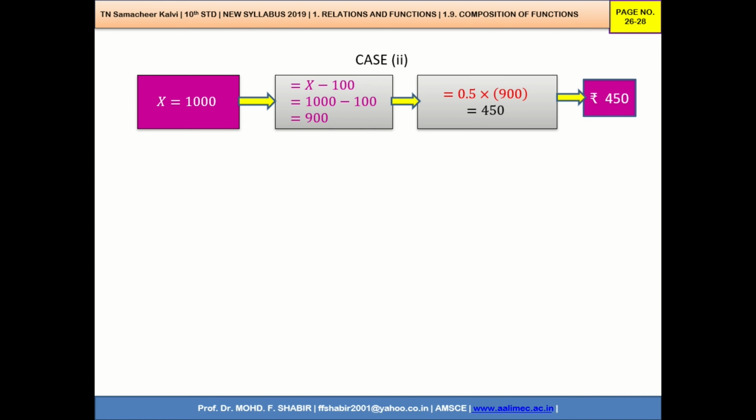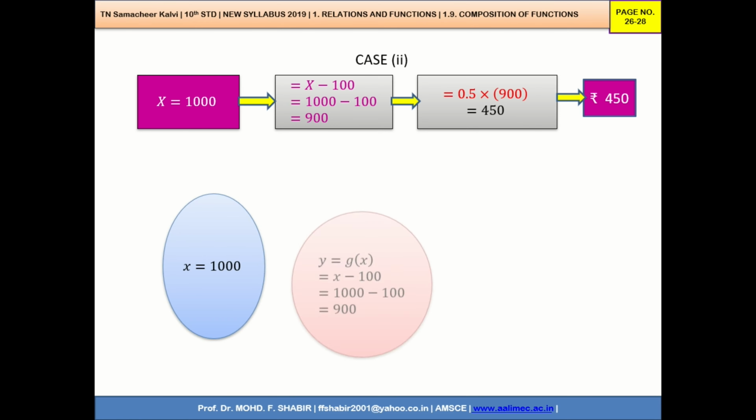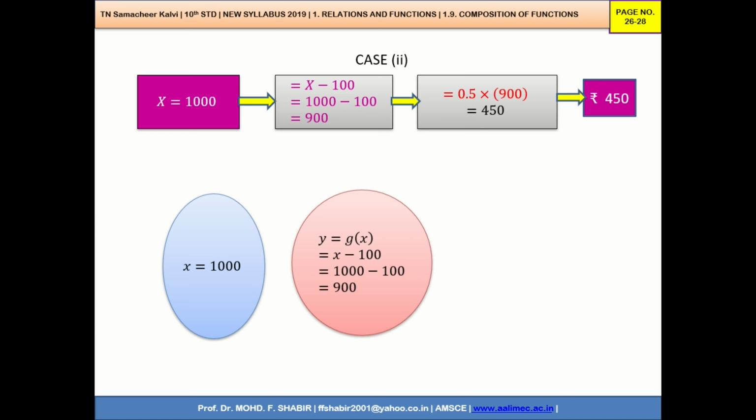Now we will see case 2, how to apply the function here. So again, investment x is equal to 1000, input is 1000. We use coupon 2, therefore output is 900. Again, for every input there is an output, therefore there is a function between x and y. The function is given as g.